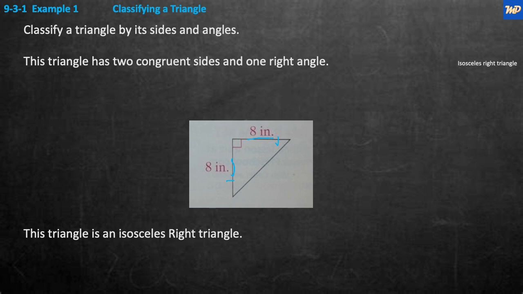So these are congruent, and it has 1 right angle, which I'm going to draw in red. So this is an isosceles triangle, since it has 2 congruent sides, 8 inches. It's not equilateral, because that would be 3 equal sides. And it is a right triangle. So it is called an isosceles right triangle.